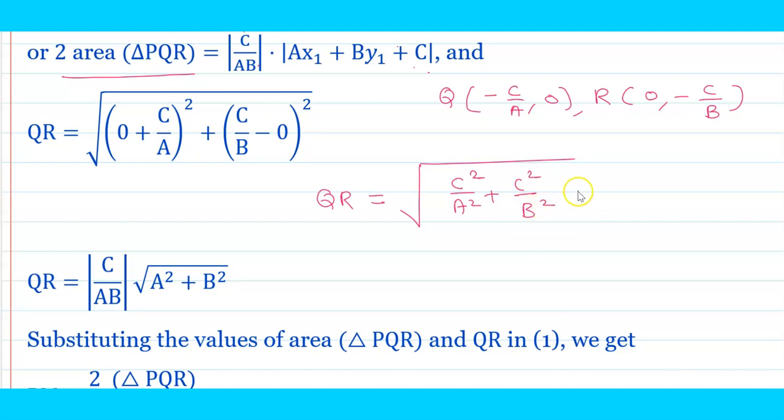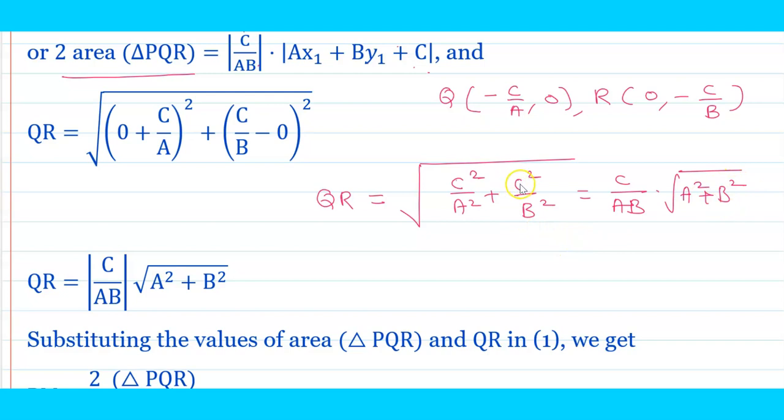Okay. Now next the cross multiplication, take C square as a common. If you take the cross multiplication to the denominator, you will get A square B square. If you take its square root, here you will get AB. And if you take the cross multiplication here, you will get A square plus B square, that is in root of A square plus B square.